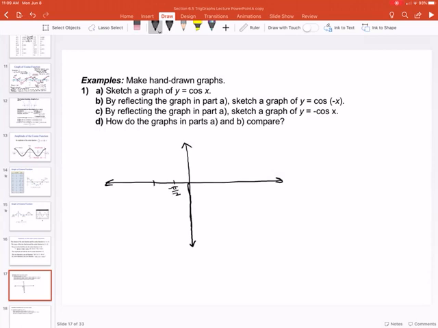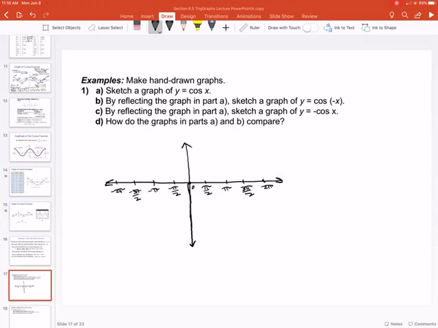Every pi over 2, we'll mark it. And we know it repeats every 2 pi. That's the repeating pattern. So I'm going to go to negative 2 pi. I'm going to also go to positive 2 pi. Of course, we know it repeats after that, same characteristics every 2 pi.